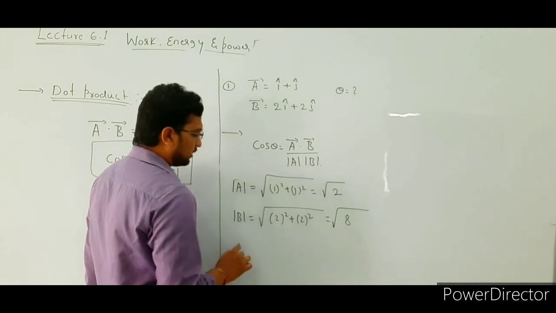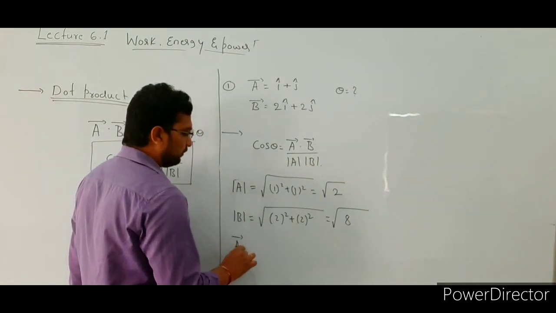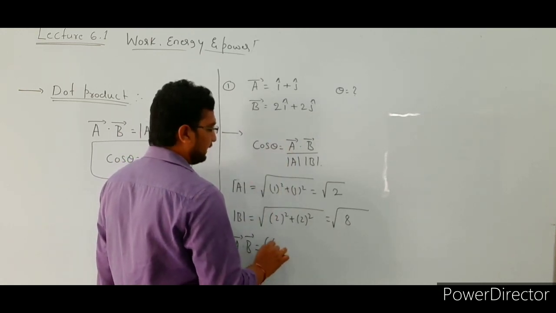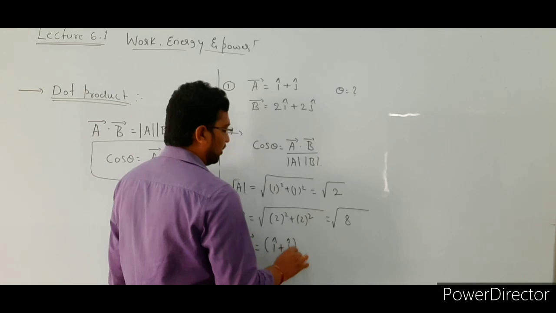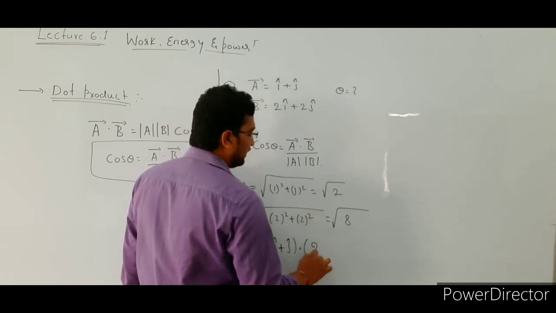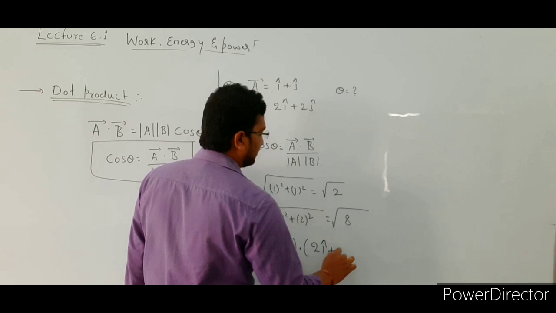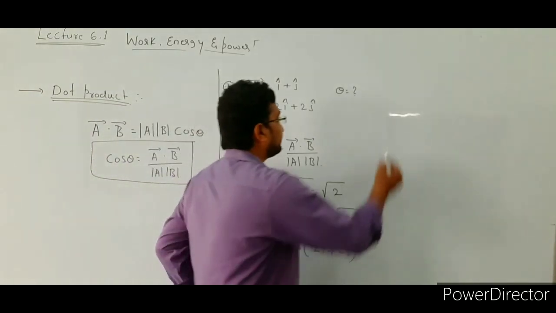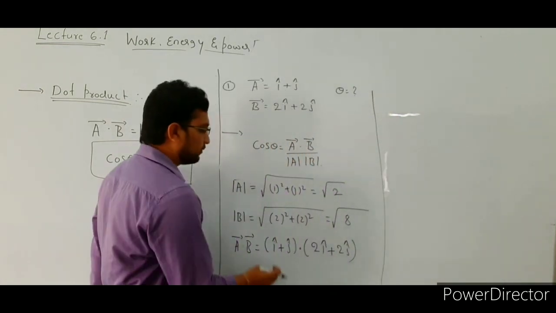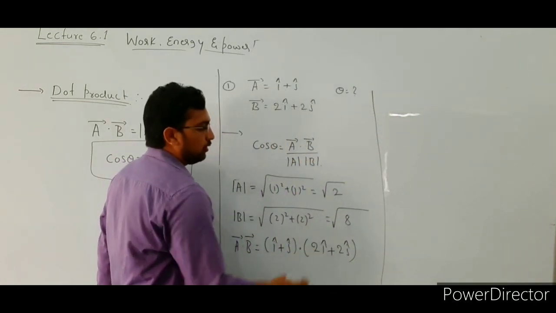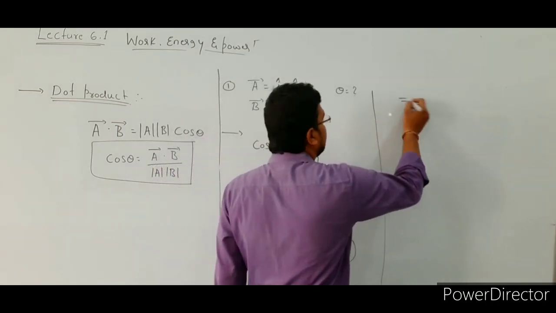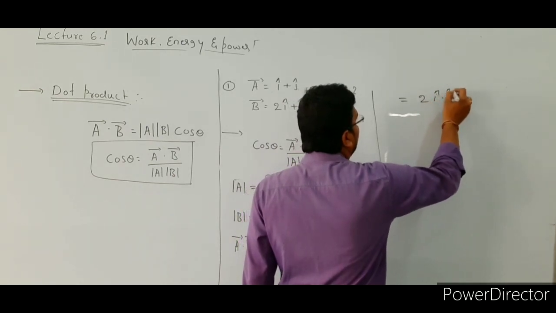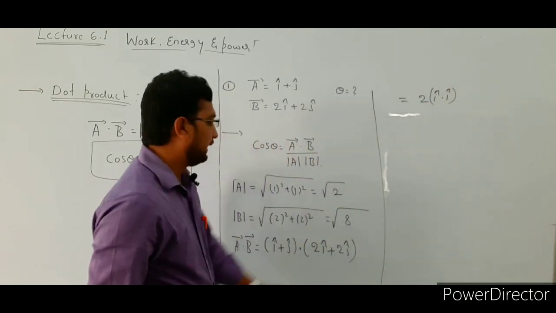So then the dot product of these two vectors, that is a vector dot b vector, is equal to a vector value, that is i cap plus j cap, dot b vector value, that is 2 i cap plus 2 j cap. Okay, see here. In this case we are multiplying i cap into 2 i cap, this is equal to 2 i cap dot i cap.